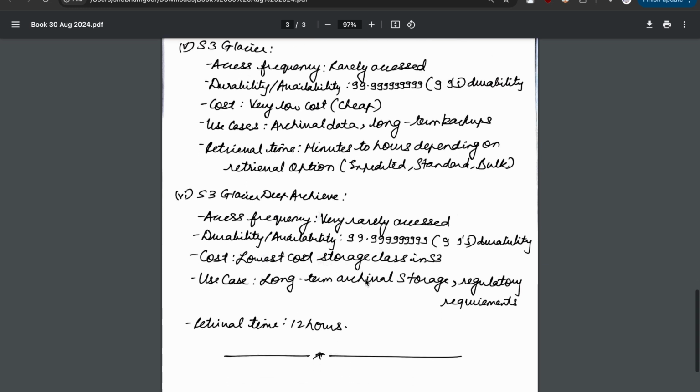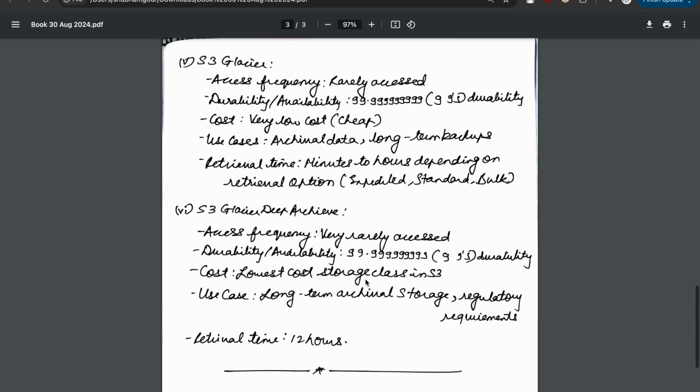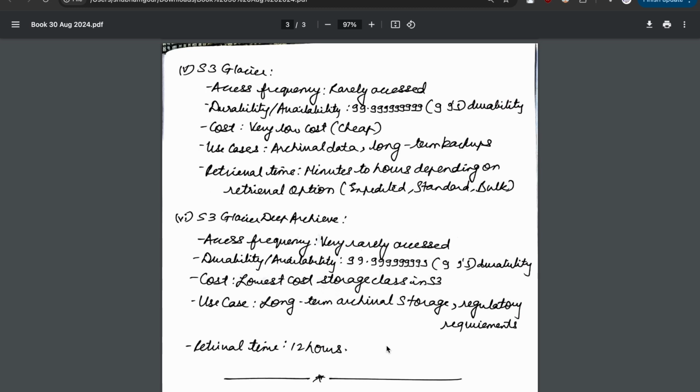Here, there is one more new thing that AWS S3 has introduced, that is S3 Glacier Deep Archive. In S3 Glacier, the data is rarely accessed, but in S3 Glacier Deep Archive, we are 100% sure the data would be very rarely accessed. The durability is again eleven 9s, but the change here would be the retrieval time.